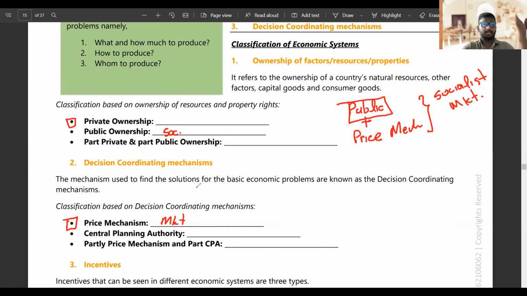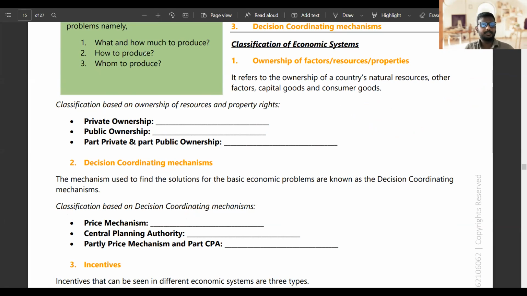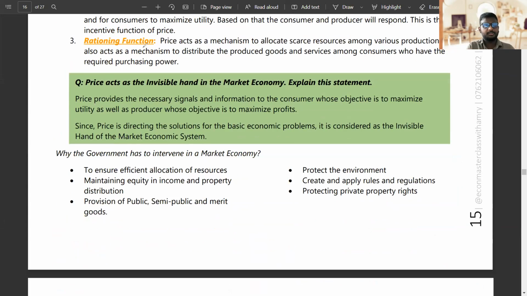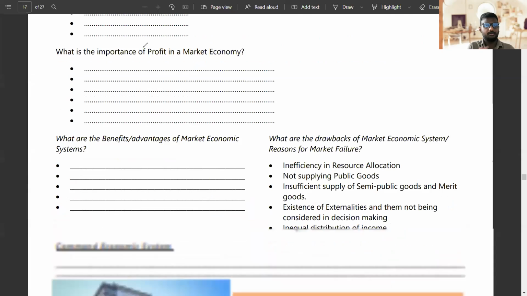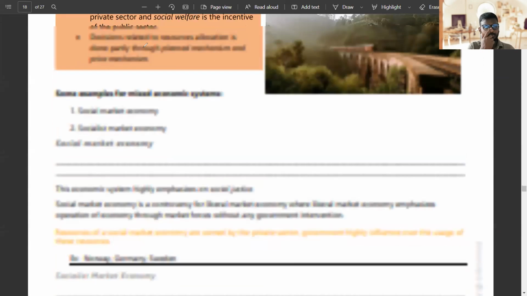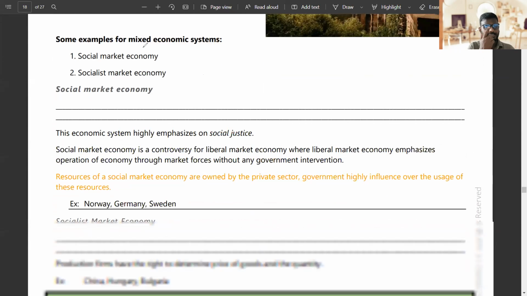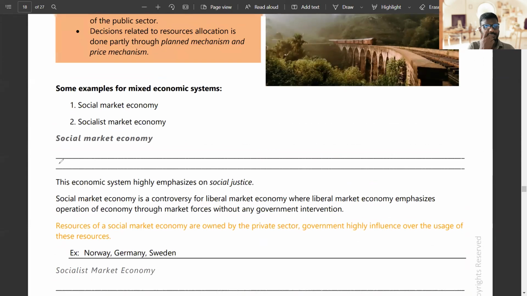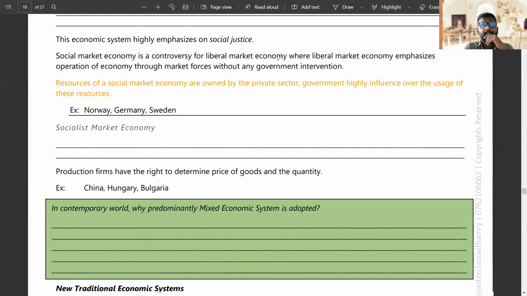That's not true, because here in your syllabus itself, it's there. Probably in your handout also it might be there, but students who are in my class, when we go through mixed market economy and socialist market economy, here you might have written that part of the definition down. Clear?